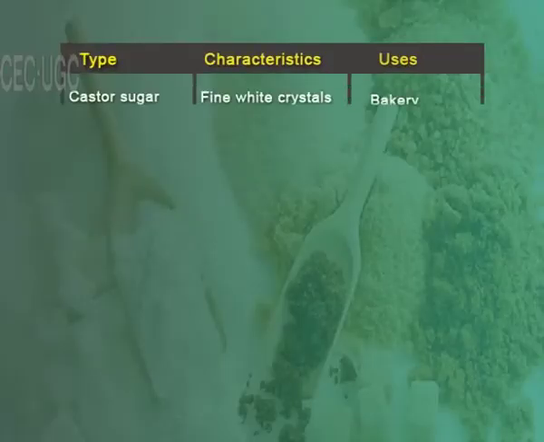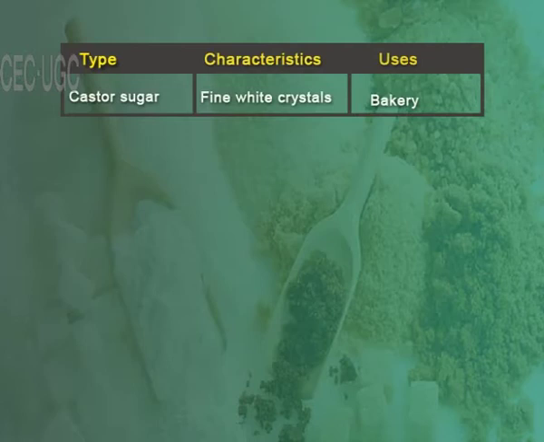Let us discuss a few solid forms other than gur, also called jaggery, and kandasari sugars. The first type is castor sugar, which is fine white crystalline in nature and is used for bakery purposes.